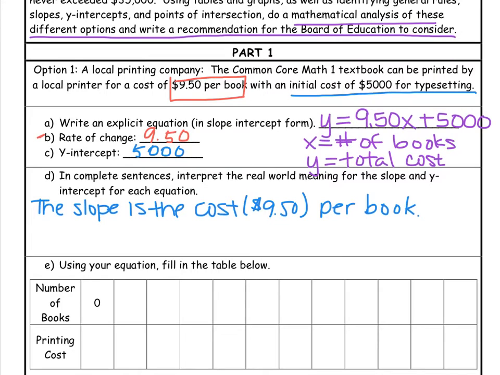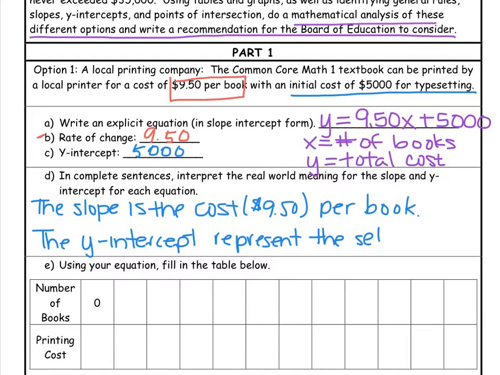It's the cost per book. The y-intercept represents the setup fee. And that's a one-time setup fee. I think they call it typesetting. And that cost is $5,000.